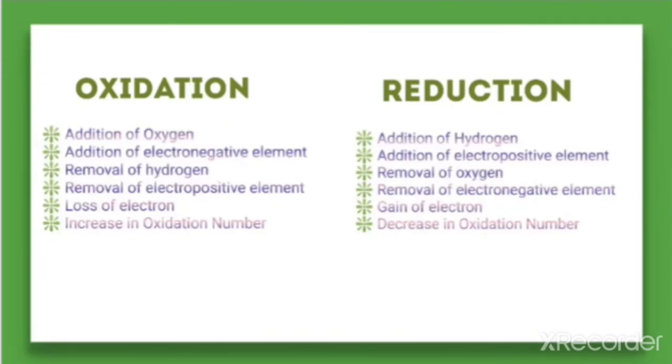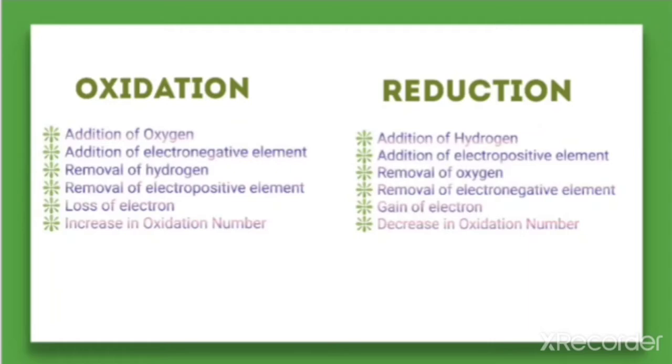These are: the addition of oxygen is called oxidation, but the removal of oxygen is called reduction. In terms of hydrogen, the removal of hydrogen is called oxidation, but the addition of hydrogen is called reduction.